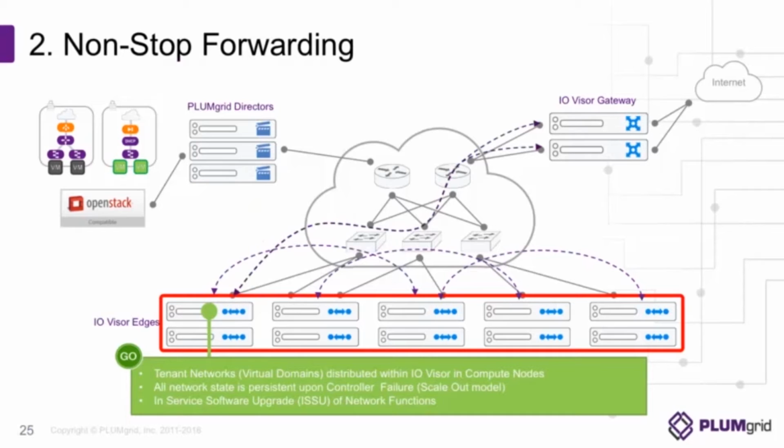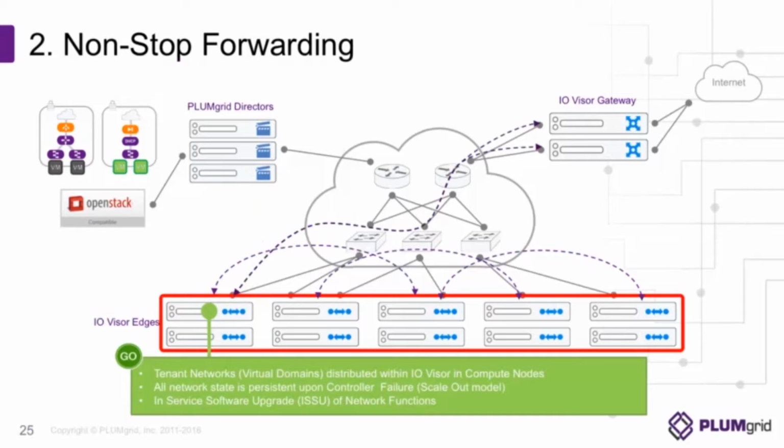All of the data is distributed across all of your compute nodes, in this case via an IOVisor product. I have to mention IOVisor. It's an open source project, iovisor.org, that is basically in-kernel.